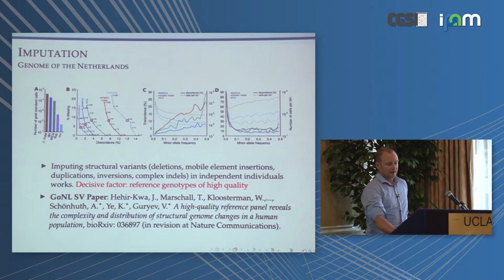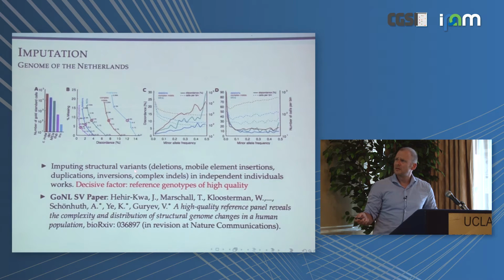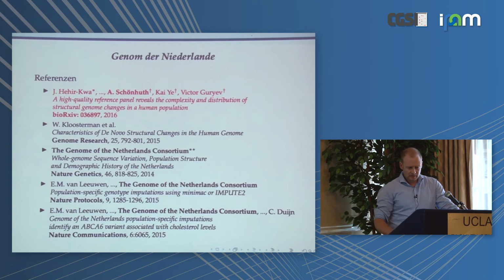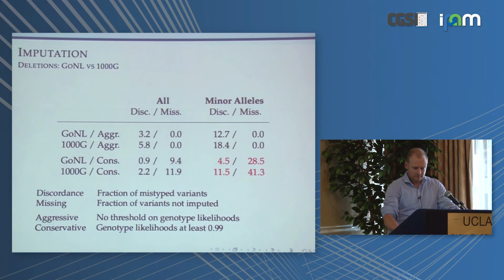This is just some pictures. This is a redundant slide, I think. It looks very similar to SNP imputation plots. This is actually conditionally accepted at Nature Communications now, this year.